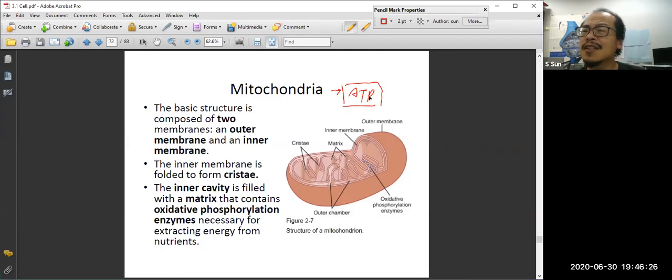And why do we need ATP? Where do we see the need for ATP? One region where cells need ATP all the time. Even if you don't do anything, you burn ATP. The reason is that we have this sodium potassium ATPase.